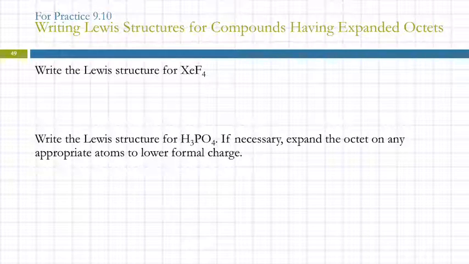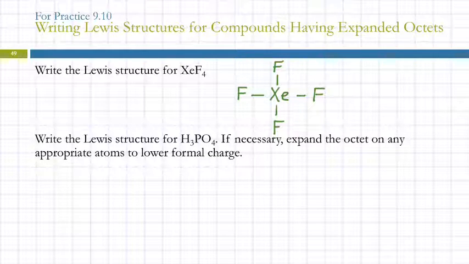So let's write the Lewis structure for xenon tetrafluoride. Well, put xenon in the middle and put the fluorines around it. Xenon has 8 valence electrons, and each fluorine has 7. So that, I believe, is 36.